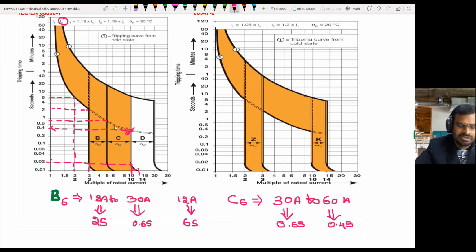Until this point the thermal mechanism will try to open if the condition is sustained for a long time.